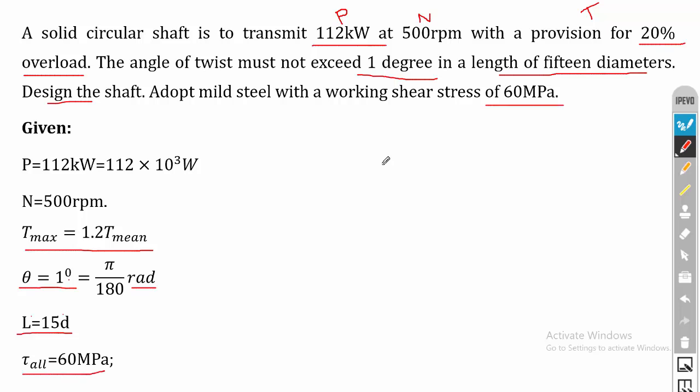The tau allowable is given, but we are not going to use it in this problem, because the angle of twist is given, so we can design based on the angle of twist using the torsion equation. Further, if you want to compare your solution, you can calculate the diameter based on the strength, that is by using tau, and take the maximum value.